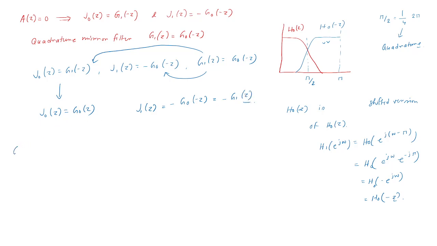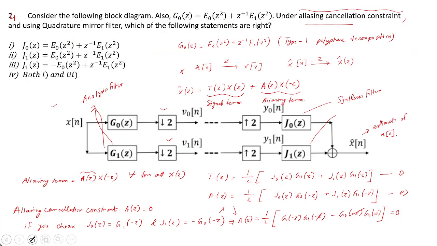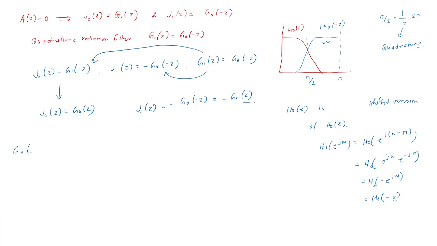So we have previously seen the polyphase decomposition of G0(z) given here. G0(z) is given as E0(z²) plus z^{-1} E1(z²).